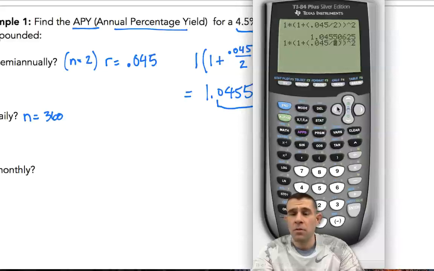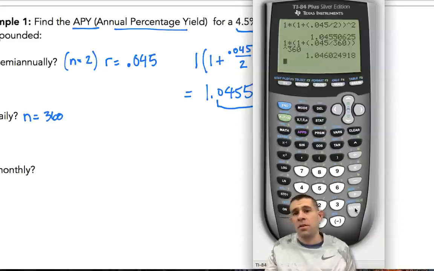So we're going to come over to where 2 is entered, delete the 2, and hit second function delete to insert. 360 is going to be our number that we'll choose for this one, and then I'll cursor over, delete the 2 here, and enter 360 here as well and press enter.